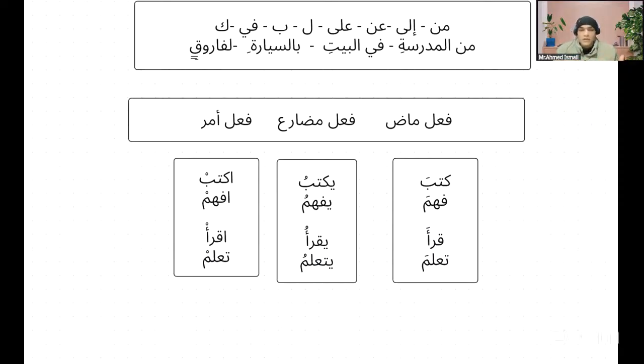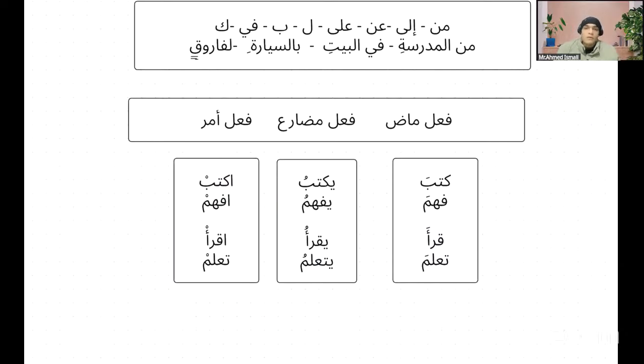The same thing, if you have a فعل and you don't know if it's مضارع, you just look at the end of it. If you have ضمة, you make sure it's مضارع. But if there is no ضمة in the end of it, you need to think more about it. So generally, if you have ضمة, this means it's مضارع. If you have فتحة, it's ماضي. If you have سكون, it's أمر.